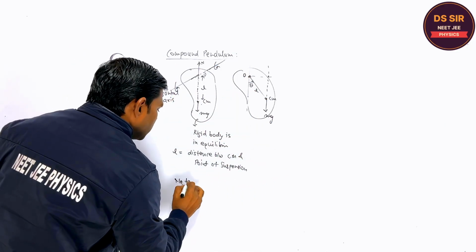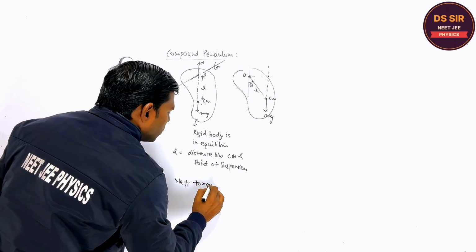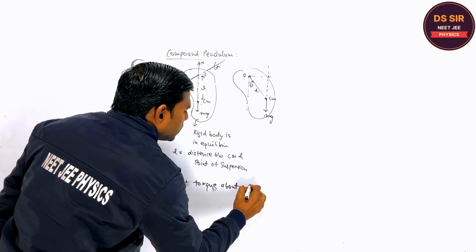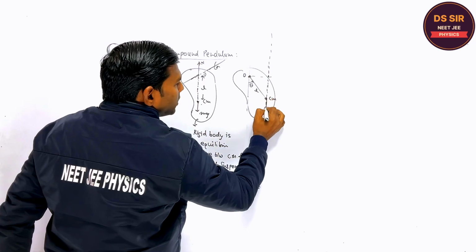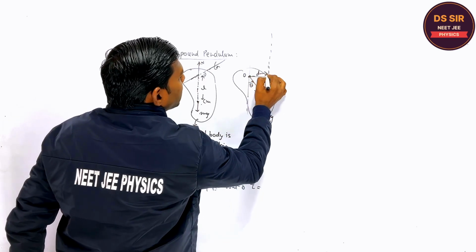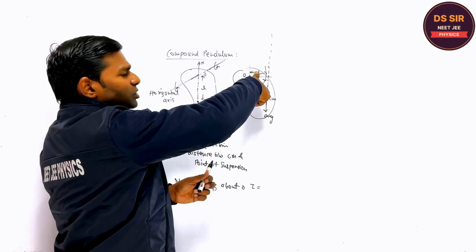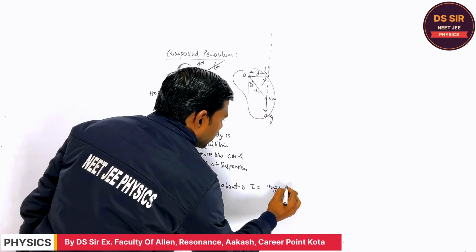What is the net torque about O? It is the force and the perpendicular distance. The net torque is equal to mg into the perpendicular distance d.